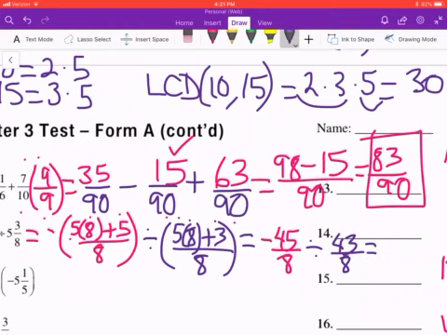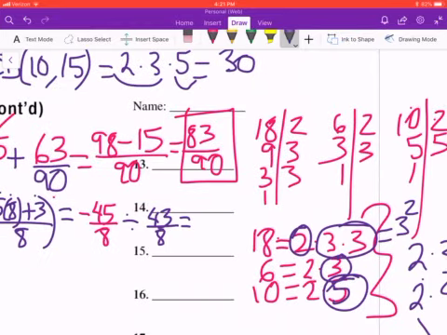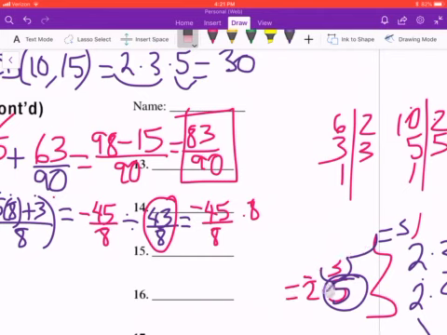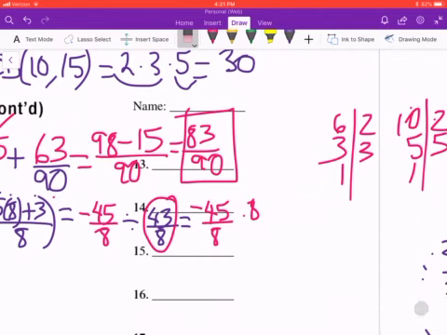Now here, we're going to rewrite them. So it says negative 45 over 8 times the reciprocal of this one, which will be 8 divided by 43.